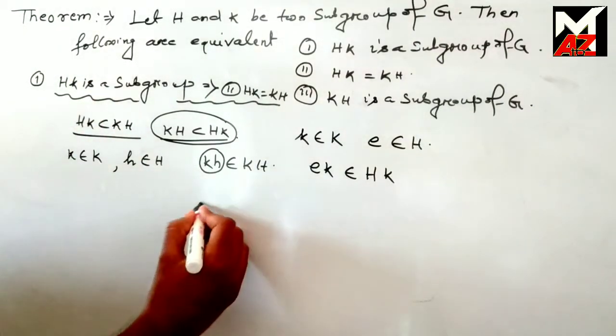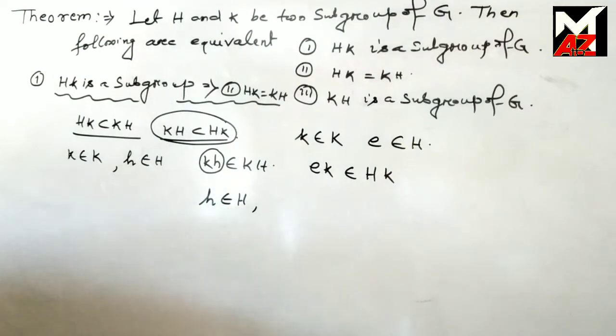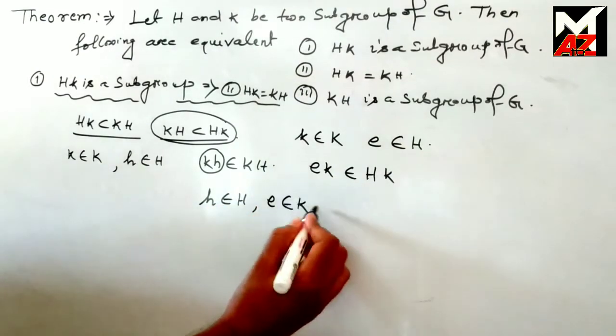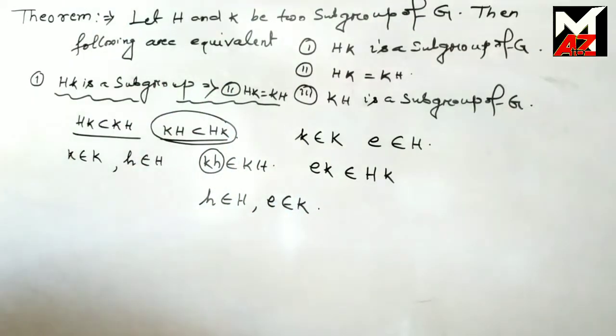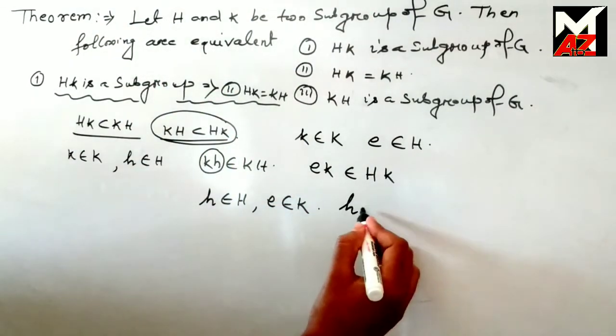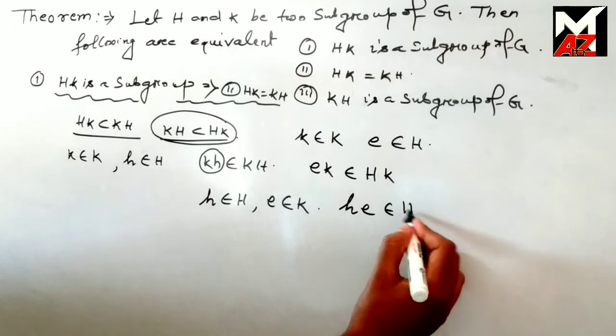Also h belongs to H and e belongs to K, because e is the identity of K. Then h into e also belongs to HK.